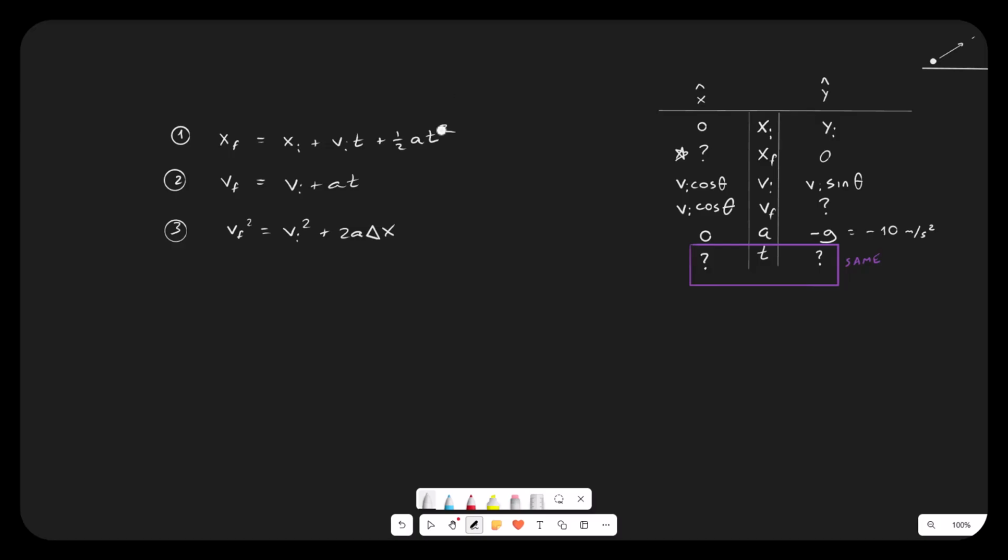Just like before, I am identifying these equations based on what's missing out of them. This first equation does not have a v final. Second equation does not have any information about position. And the third one avoids time.